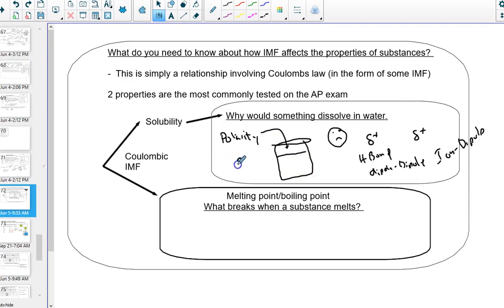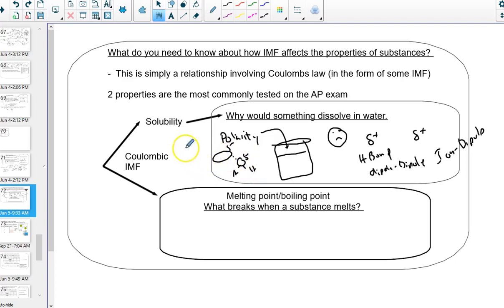Of course, we'll do lots of examples where you have to draw this out, where you have a water molecule and you have to show some item attracting to it. This is the negative end, this is the positive end, and we use dots to show this attraction.